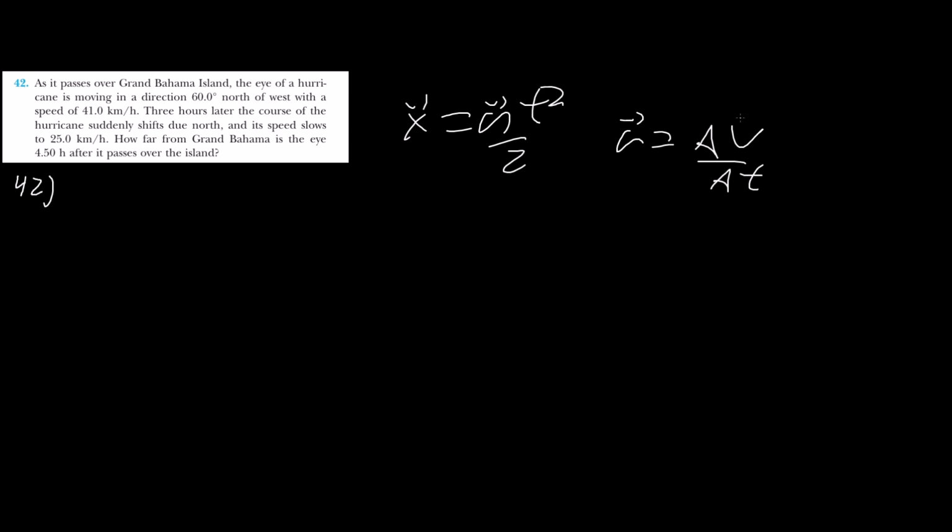Now, I do wish they would word this a bit differently, because they say that at one moment, regardless of the direction, the speed is 41.0 kilometers per hour, and then 3 hours later, the speed is 25 kilometers per hour. So my brain was thinking of this equation: I was finding a as the change of velocity over the change of time, presuming a is a vector.